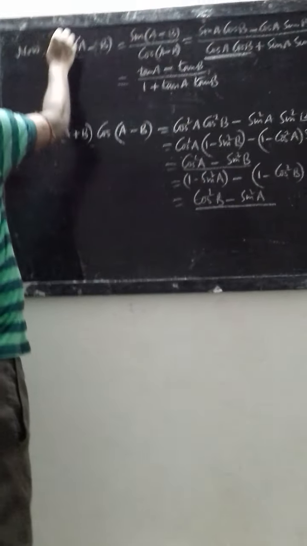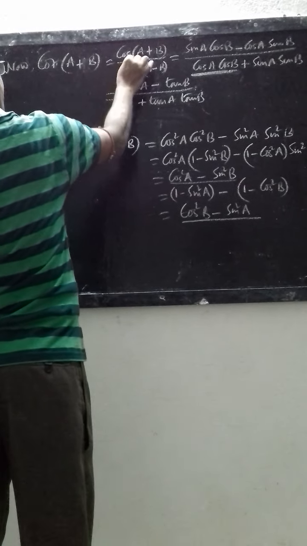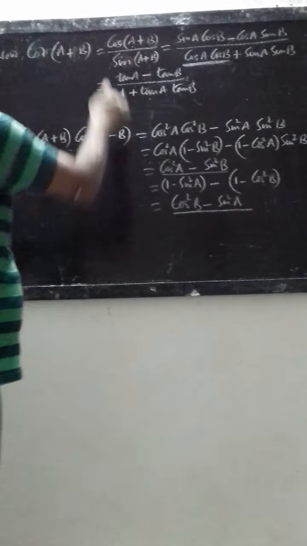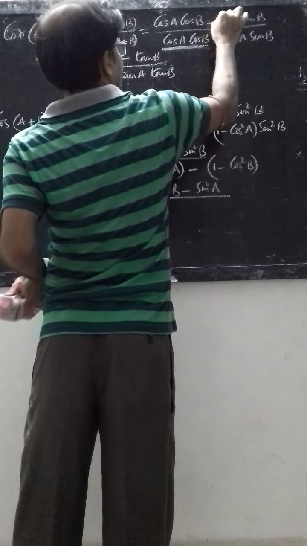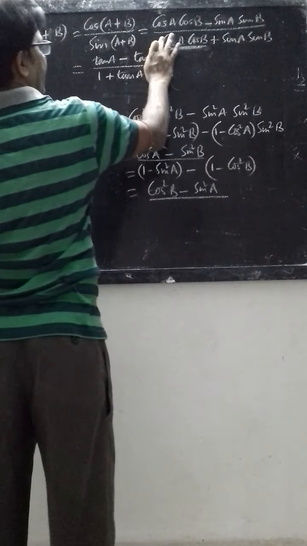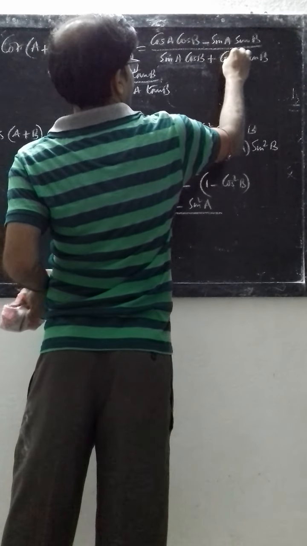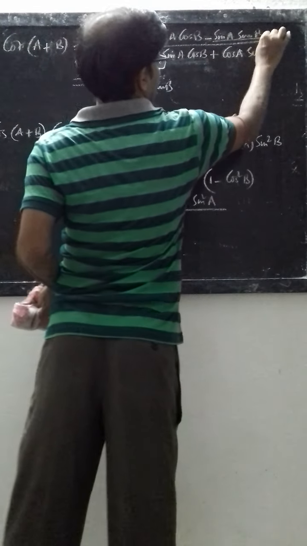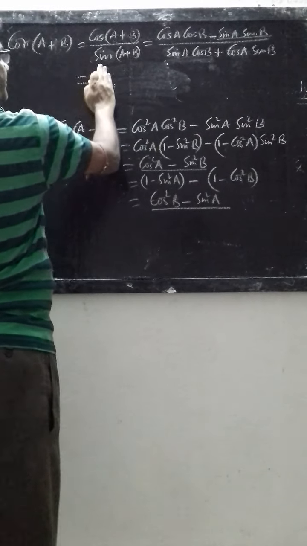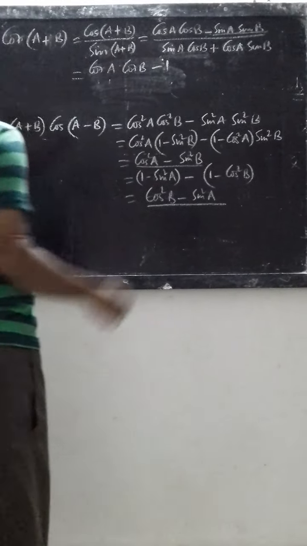Next formula, cot(A+B). Cot(A+B) equal to numerator হলো cos(A+B), denominator হলো sin(A+B), and cos(A+B) equal to cos A cos B minus sin A sin B. Sin(A+B) equal to sin A cos B plus cos A sin B. Divide numerator and denominator by sin A sin B. So this is equal to cos A cos B by sin A sin B equal to cot A cot B, this equal to minus 1.